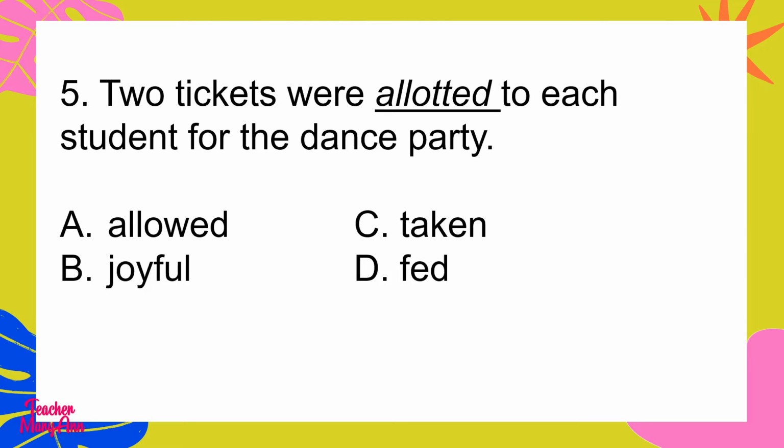Number 5. Two tickets were allotted to each student for the dance party. What is the meaning of the word allotted? A. Allowed. B. Joyful. C. Taken. Letter D. Fed.